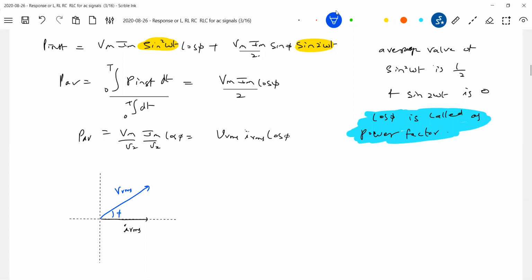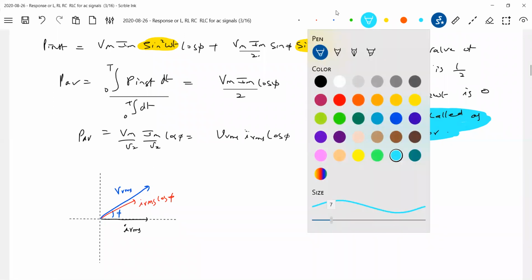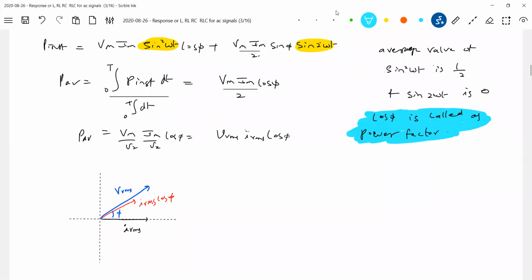So if I resolve, IRMS has two components. One component along VRMS. How much is it? IRMS cos phi. There is another component, IRMS sin phi.